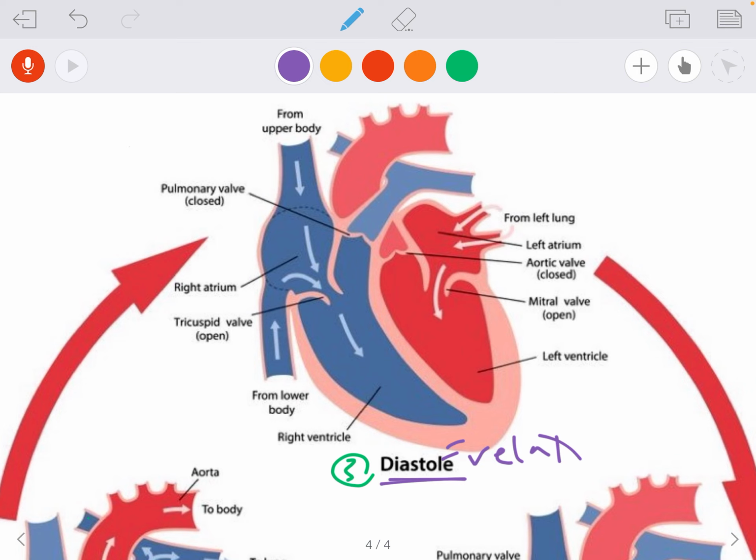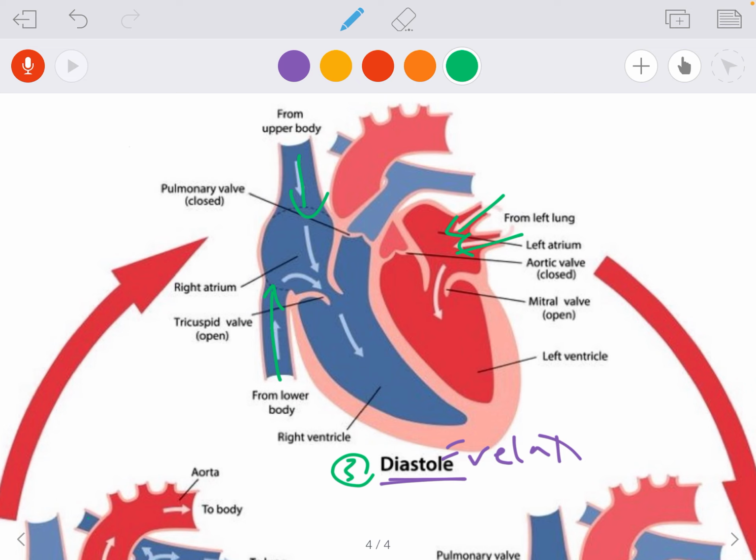When the heart is relaxed, no contraction, so the blood pressure inside the heart will be lower than in the veins. And so the blood is drawn in from the veins into the atria.